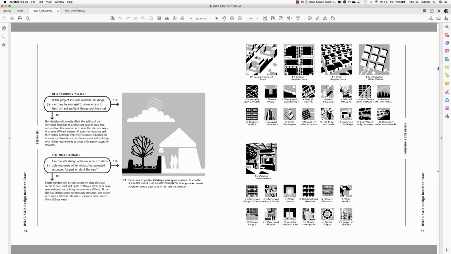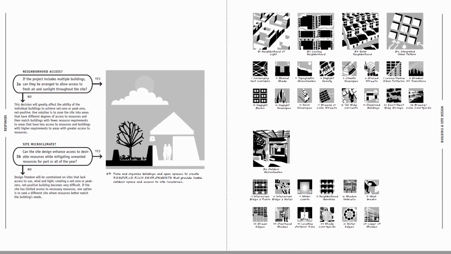Now in this one, for instance, there's 2 sub-questions in question number 3 about both neighborhood access and site microclimate. There's one synergy that works with that called resource-rich environments. And then there are 4 bundles up at the top you can see. These are neighborhood of light.